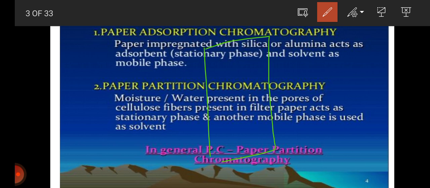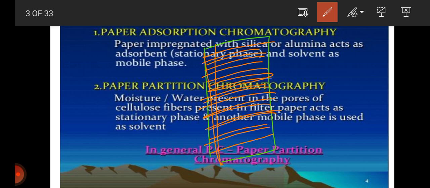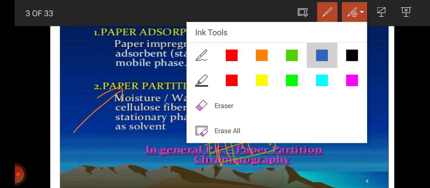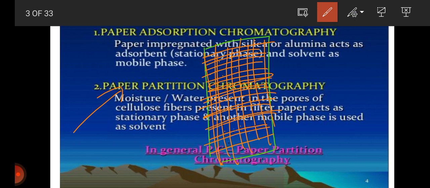This filter paper is made up of cellulose fibers. The stationary phase in paper partition chromatography is the moisture or water droplets present in between the cellulose fibers of the filter paper; these water droplets act like a stationary phase.